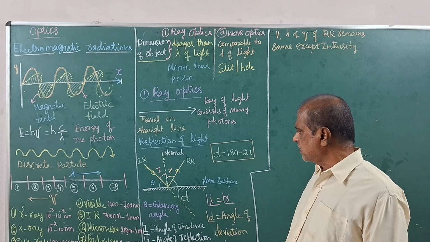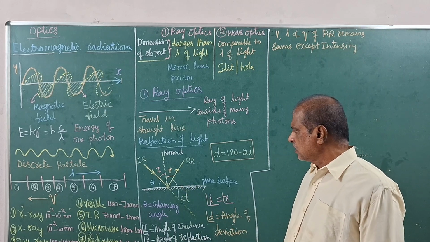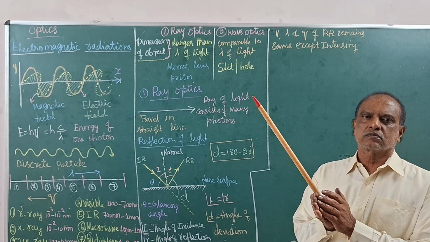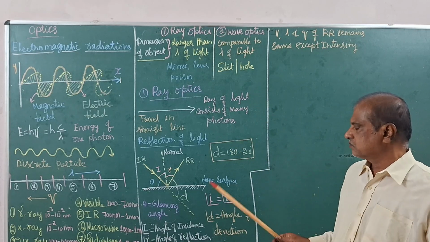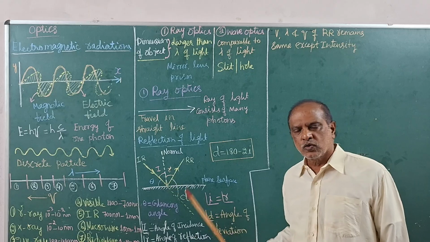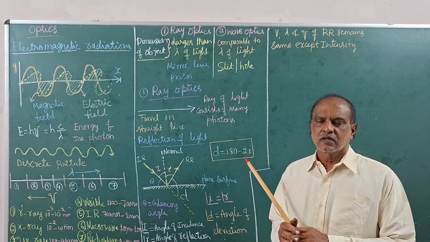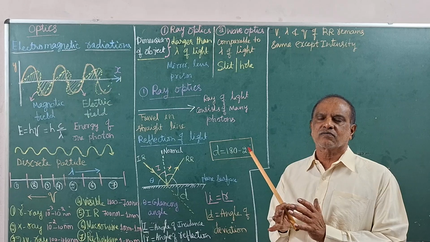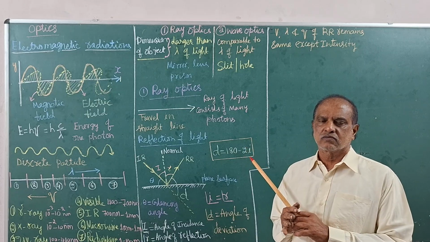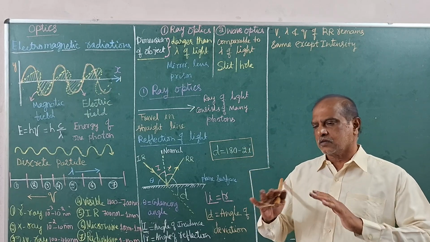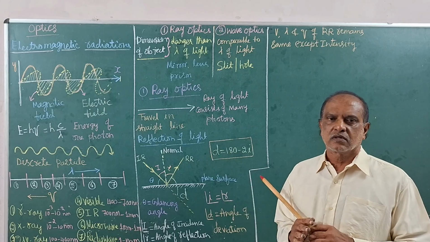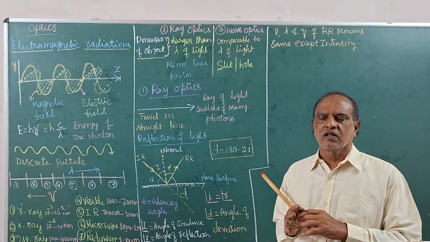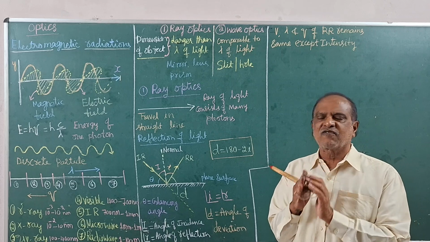In this case, I have taken the plane surface. However smooth a surface may be, it is still not a perfect reflector. Whichever smooth surface you take, it is still not a perfect reflector.